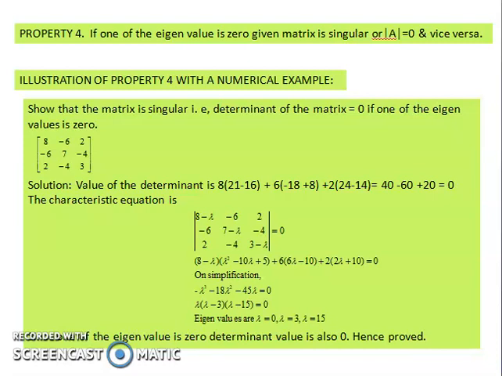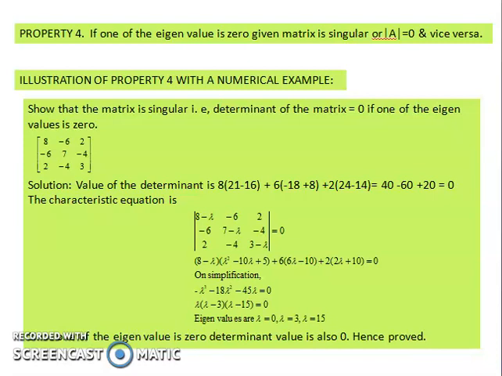So I will consider a 3 by 3 matrix. Its determinant value is given as 0. Then the characteristic equation is a cubic equation and the roots are lambda, lambda minus 3, lambda minus 15 equal to 0. So over here the eigenvalues are lambda equal to 0, lambda equal to 3 and lambda equal to 15.